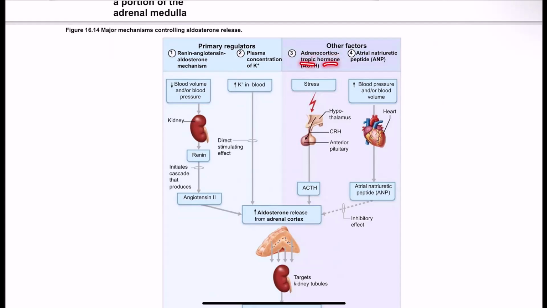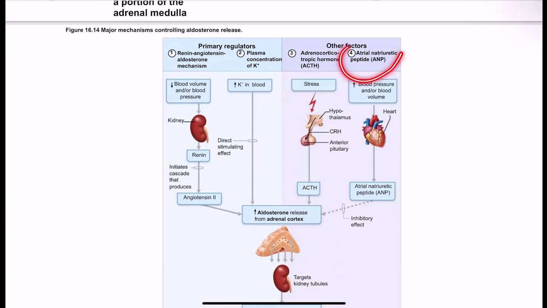And it's a tropic hormone, which means it's a regulatory hormone, so telling the adrenal cortex to do stuff. So ACTH tells the adrenal cortex to release aldosterone. The benefit of this is that there's more blood volume and then there's more blood pressure to circulate the blood, the nutrients, the oxygen, much better during that stressful thing. Okay, because remember, stress was the trigger there.